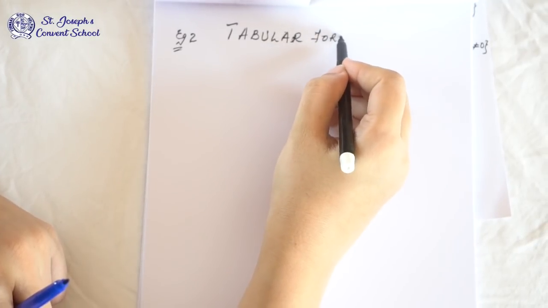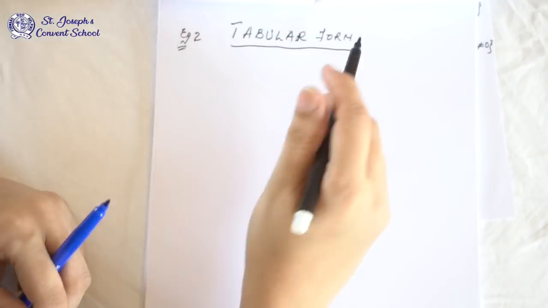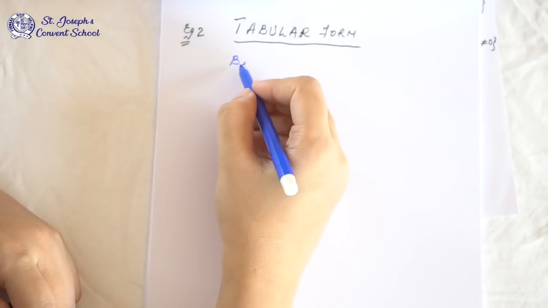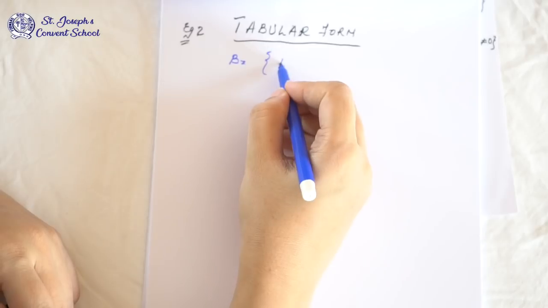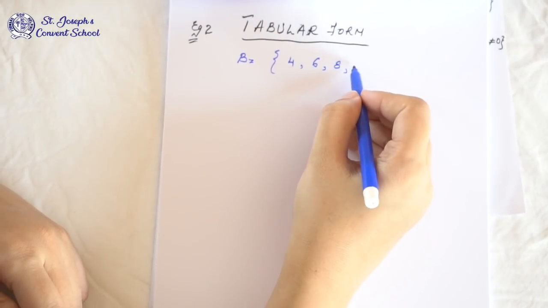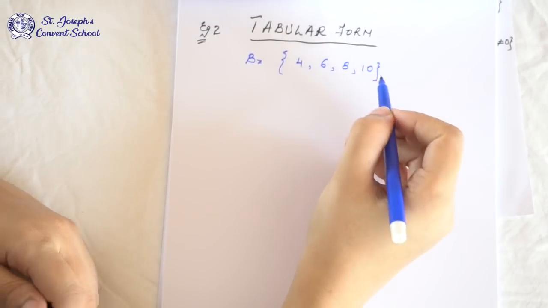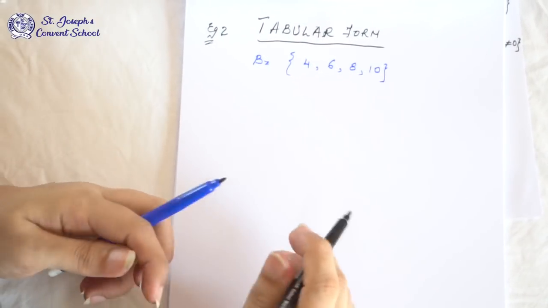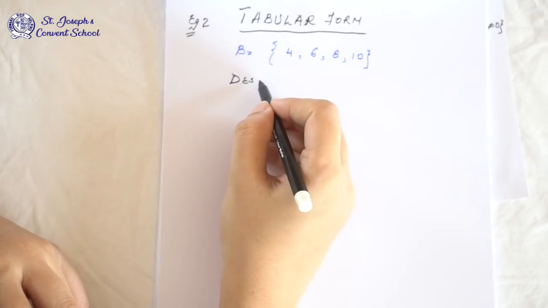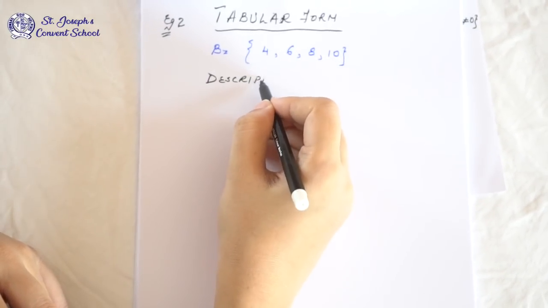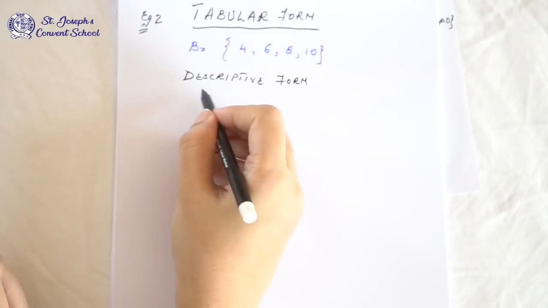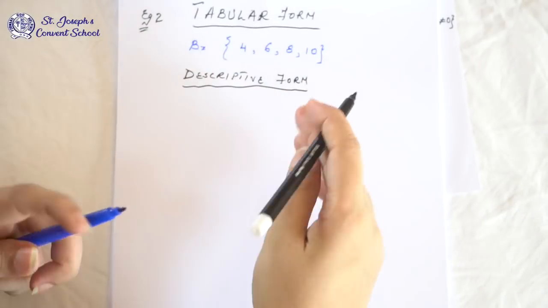Now if numbers are not starting from 1, suppose set B is given and it is starting from 4, 6, 8, 10. Now how to write this in descriptive form? How will you write this in descriptive form? In descriptive form, you will describe this set. First of all, you have to think which set it is.